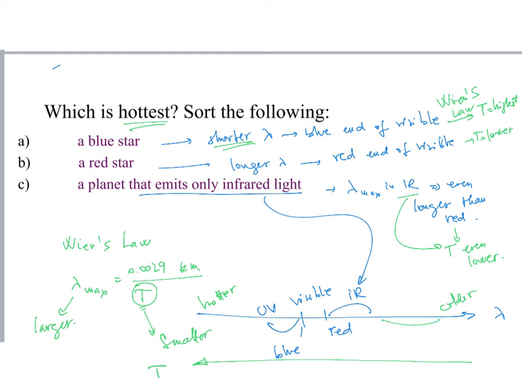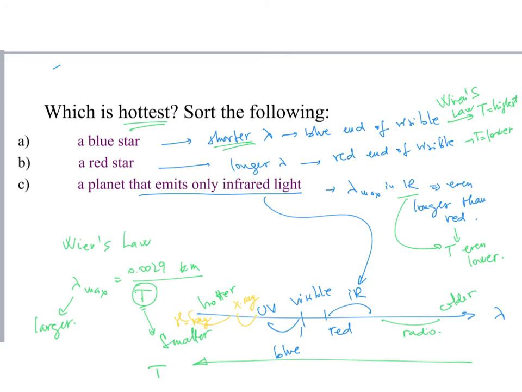So infrared, and then you go to radio, right? Radio emitting things are the coldest things, and then you move towards hotter things. Then you have X-ray, this is pretty hot, and then the gamma ray emitters, even hotter, even more energetic things.